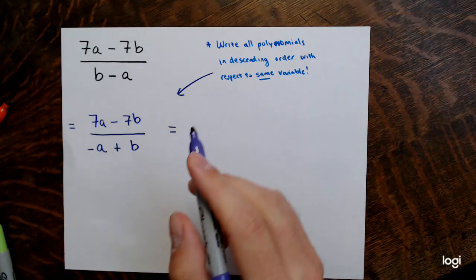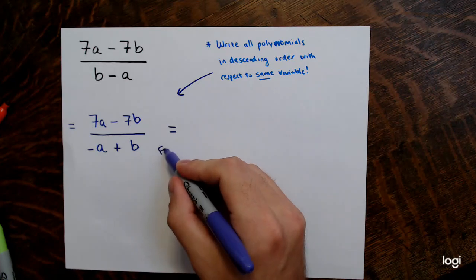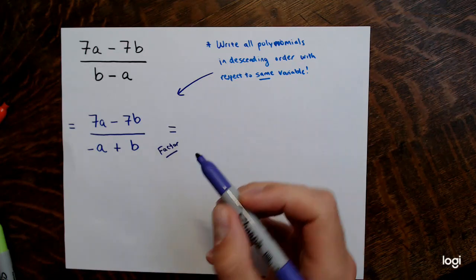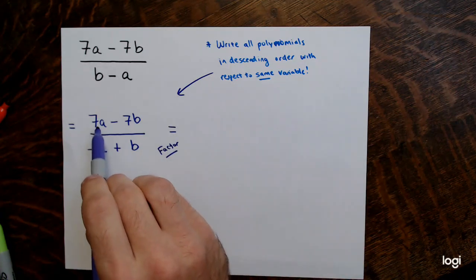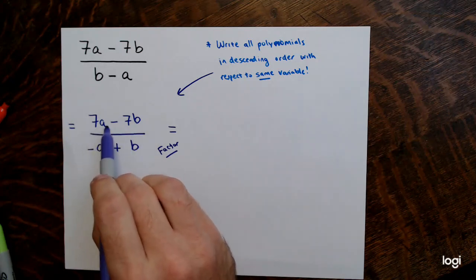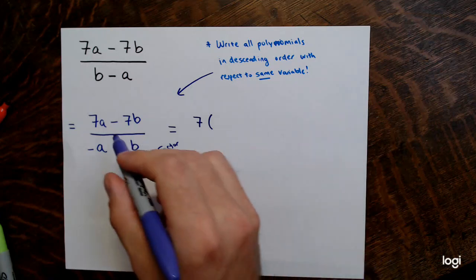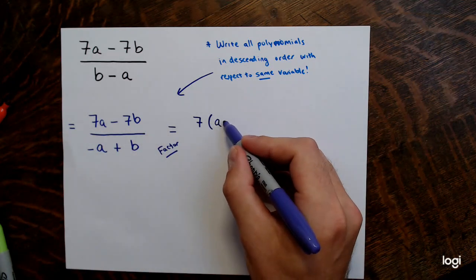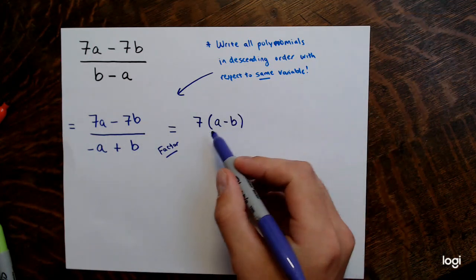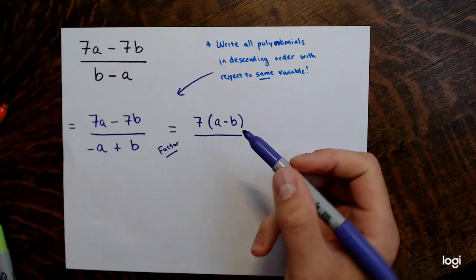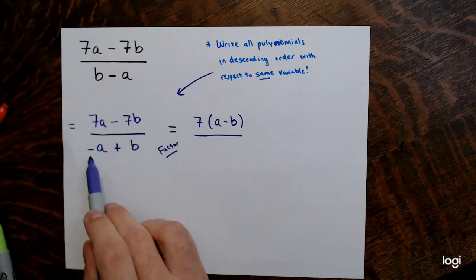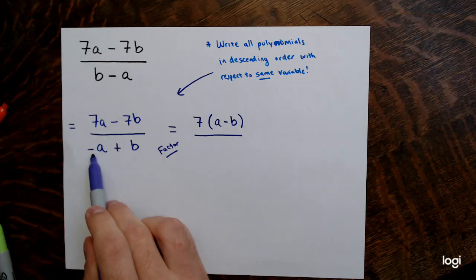Okay. So now here comes the factoring part. Numerator. The greatest common factor of these terms is 7. So I'm going to pull 7 out. And what's left over when I remove 7 is a minus b. And then in the denominator, my lead coefficient here is negative.